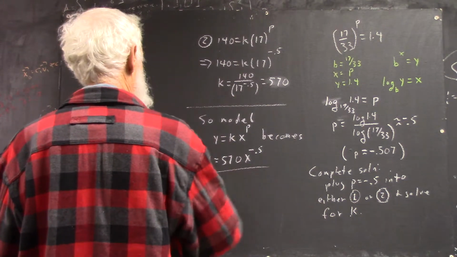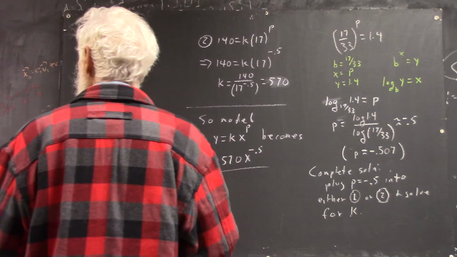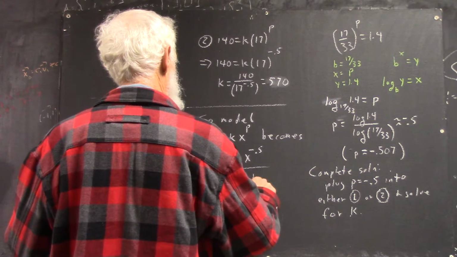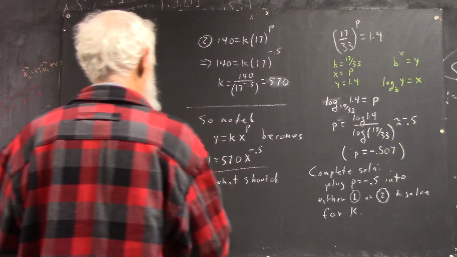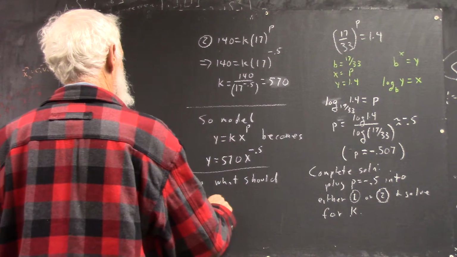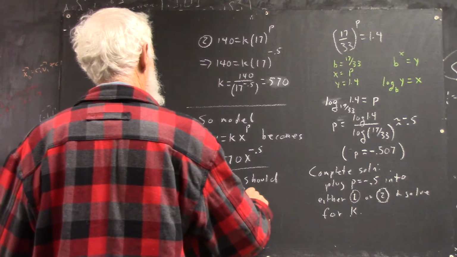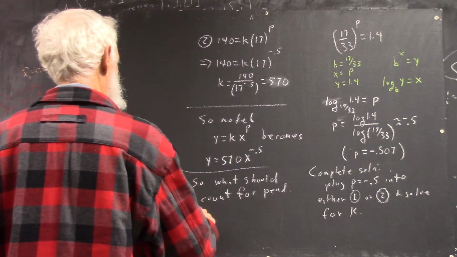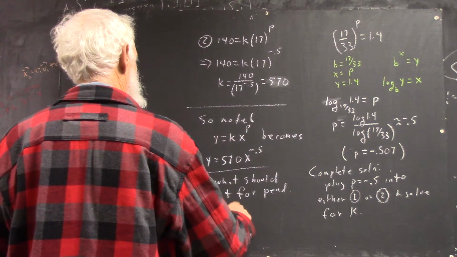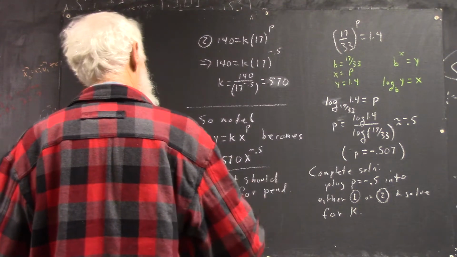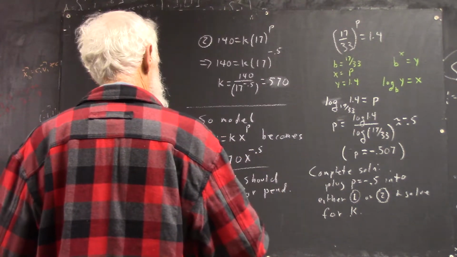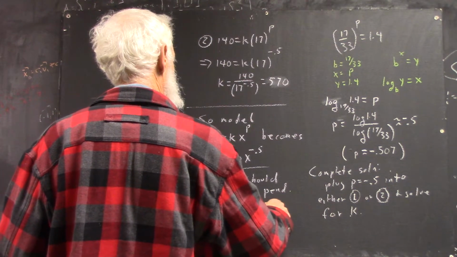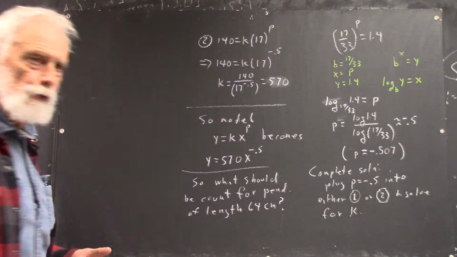So, what should be the count for a pendulum of length, let's say, 64 centimeters?